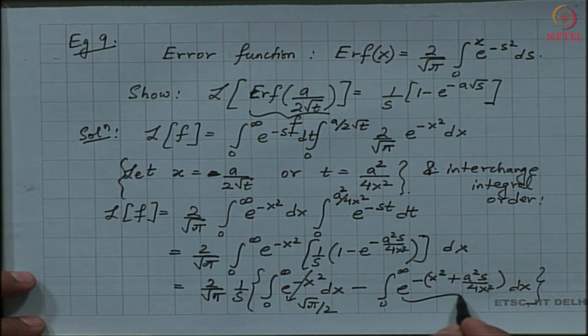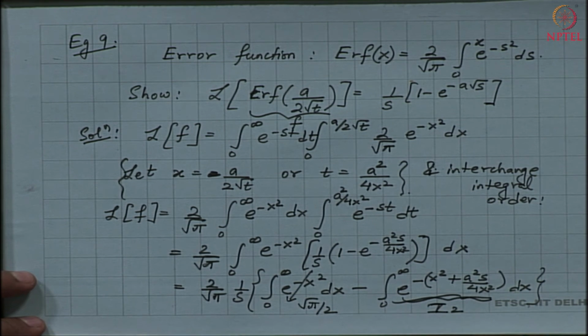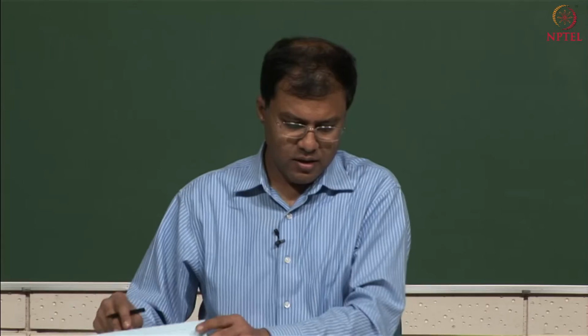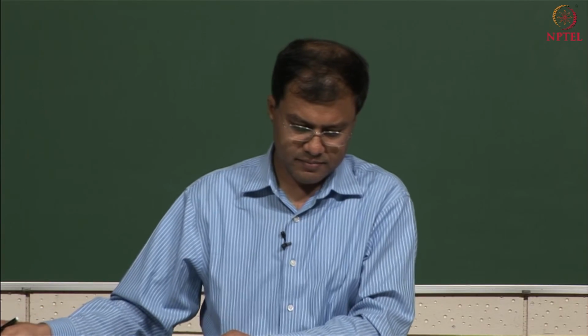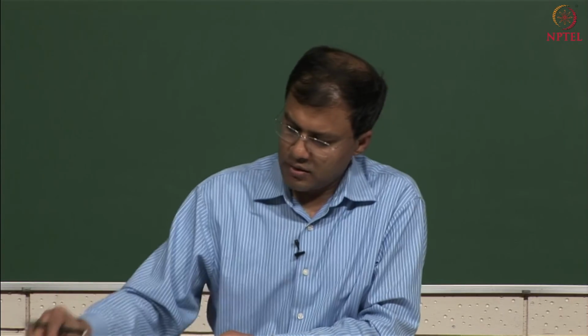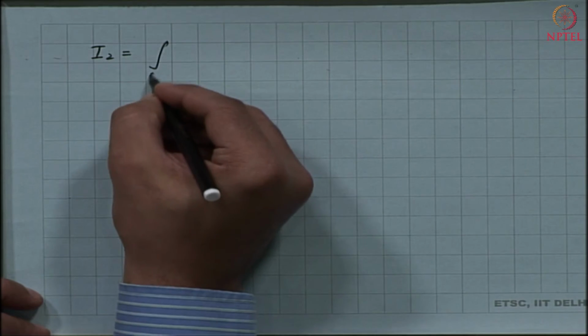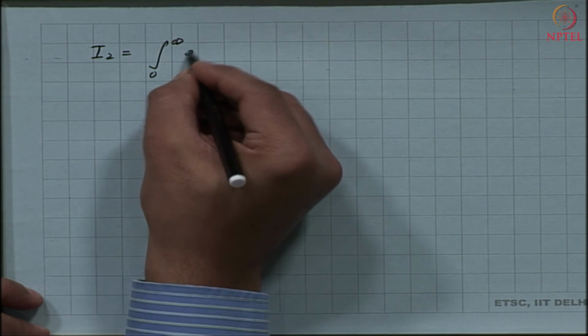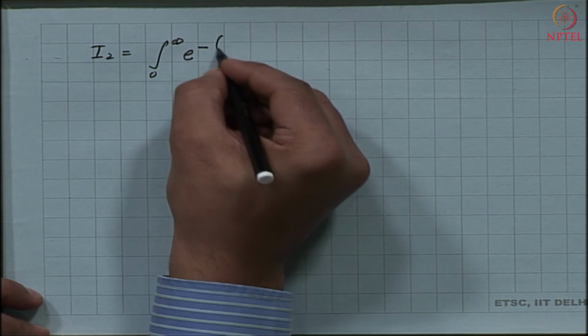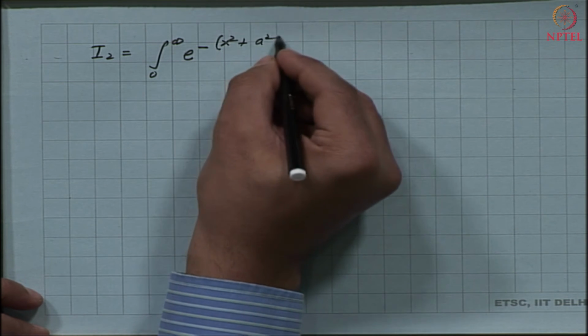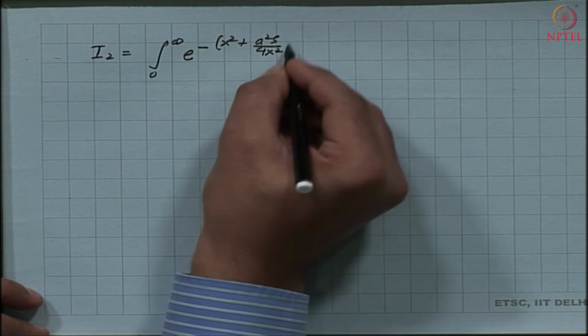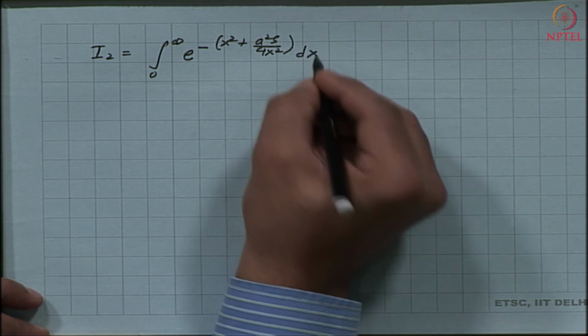Let us call this other integral I 2. So, that is what I want to evaluate. So, I have the expression for I 2 as follows. I 2 is the integral from 0 to infinity of e to the power negative x square plus a square s by 4 x square dx.